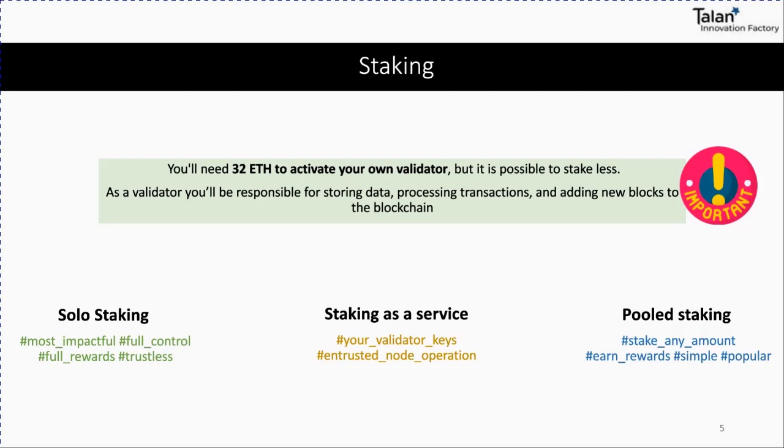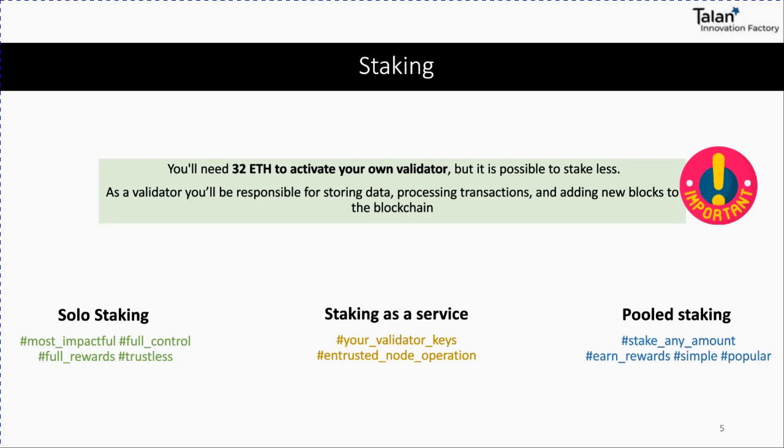The second option is that you have the 32 ETH to stake, but you don't have the hardware, even though the hardware is not really expensive. A normal laptop can be a validator, but maybe you are not interested in having a laptop running day and night. So you can get hardware from a provider and set up your validator.